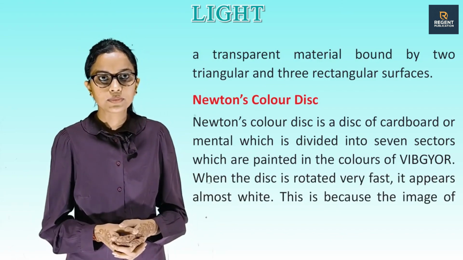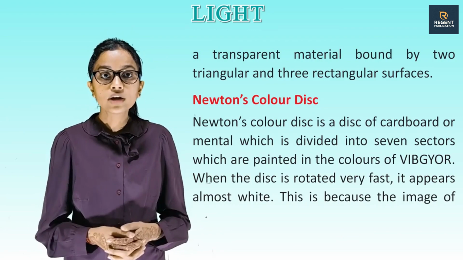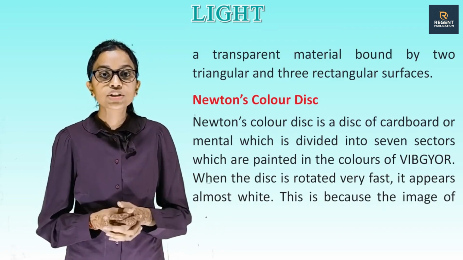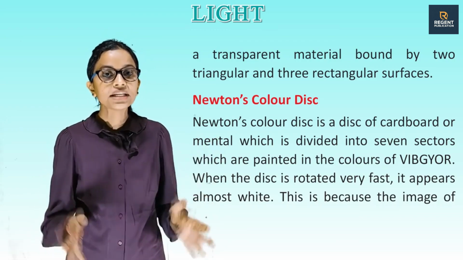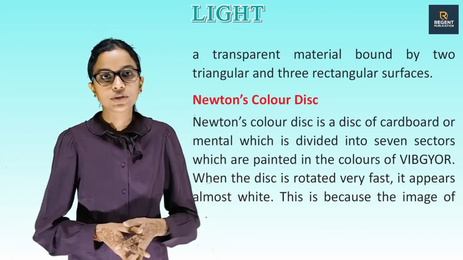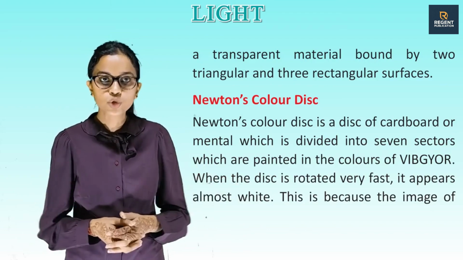Newton's color disc. Newton's color disc is a disc of cardboard or metal which is divided into 7 sectors which are painted in the colors of VIBGYOR. When the disc is rotated very fast, it appears almost white.